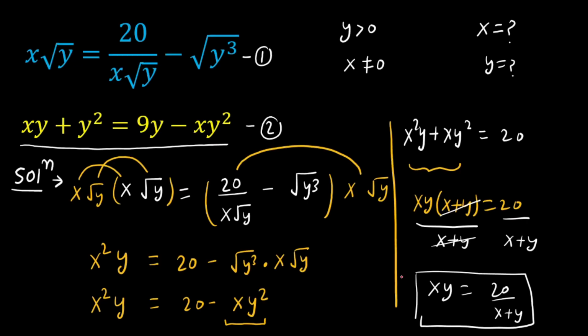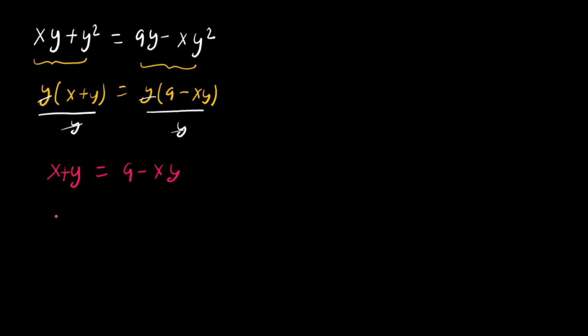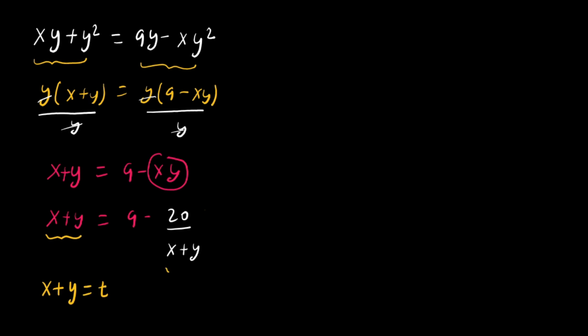Here we know that the value of xy is 20 over x plus y, so x plus y equals 9 minus 20 over x plus y. If we apply the substitution method and let x plus y equal t, then t equals 9 minus 20 over t.